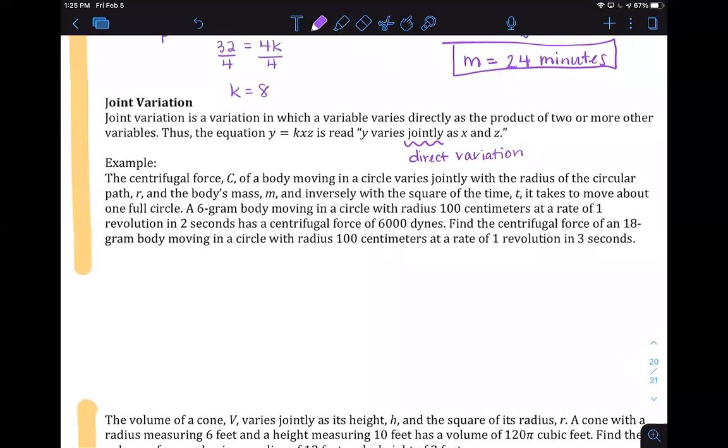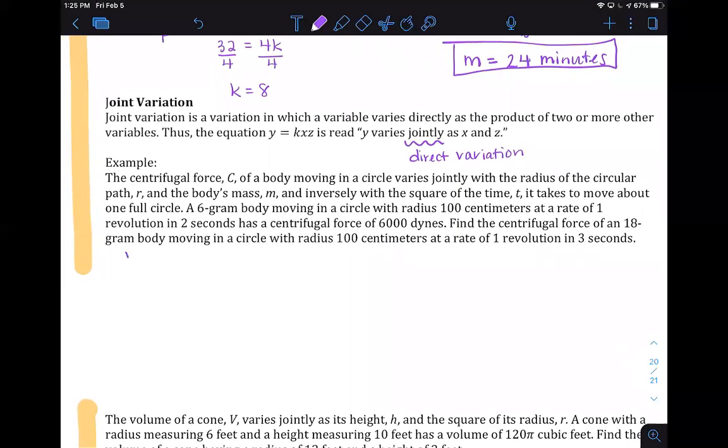C, the force, equals k. We vary jointly with the radius r, so that stays up top, and the body's mass m. And then inversely, which means we create that fraction, with the square of the time t, so t squared.